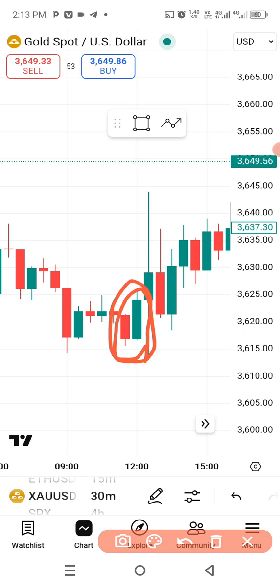So when you see the red one on the right side covering the green one on the left side, you say that one is a bearish engulfing candle. When it is the green one covering the red one on the left side, you say it is a bullish engulfing candle. It has its own meaning as well, and it is very, very important.